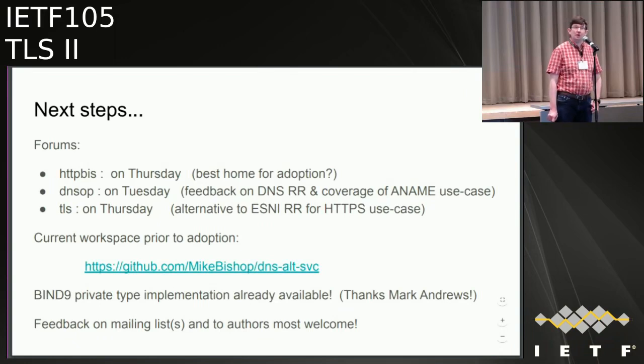But I think if this got adopted within a working group, and that was one of the reasons why DNSOP may be a more attractive place to adopt this, we could look at what is the right way to generalize it there, such that we can minimize the performance impacts, deal with a bunch of these corner cases that were coming up in the ESNI design, but do it in a way that covers a bunch of the other cases.